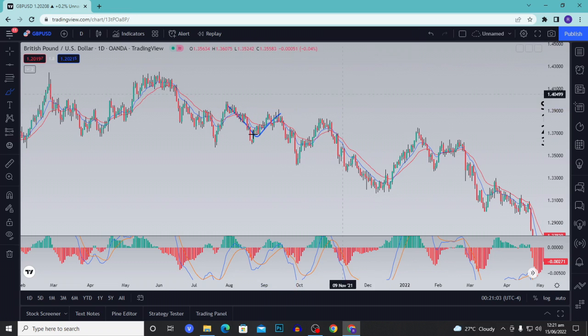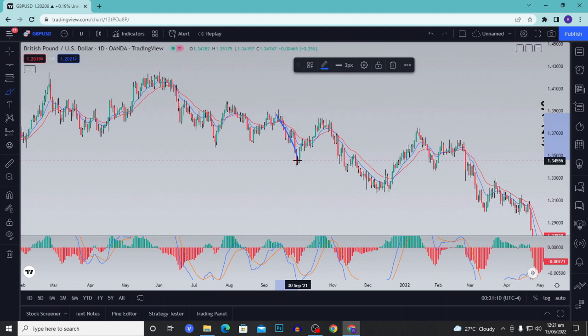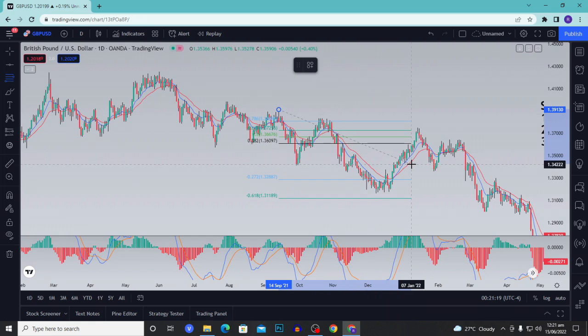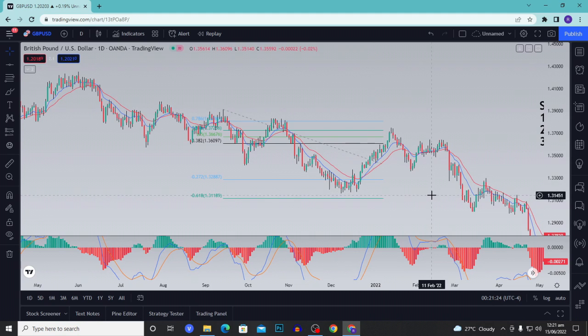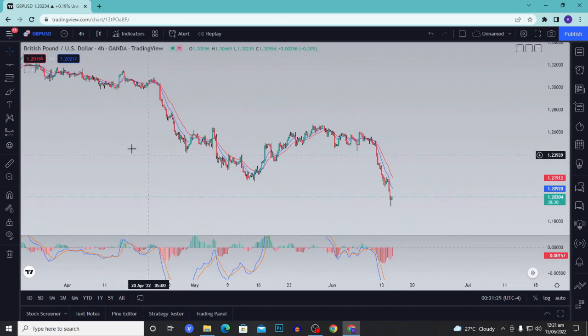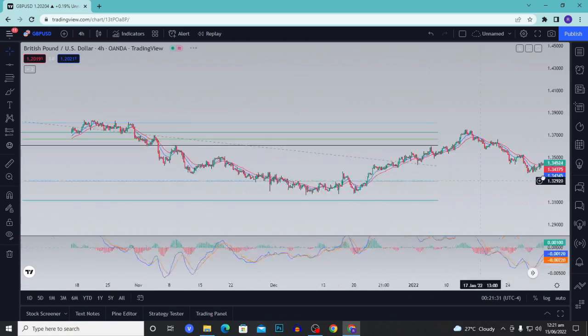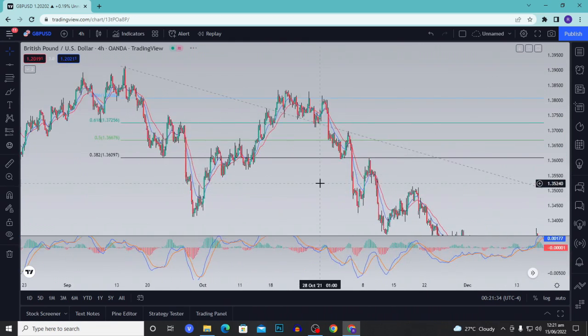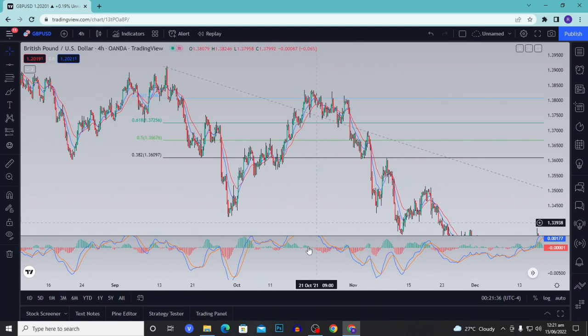So now, since price is continuing to go down, since price formed a lower low and then retraced, we then draw our fib on the impulse move again from the top to the bottom right here, just like this. Then we switch to our 4-hour time frame. Hope you're keeping up. So once we're on our 4-hour time frame, we look for our entry.